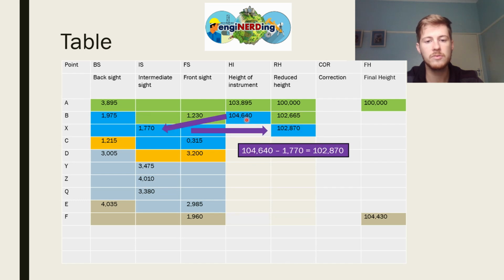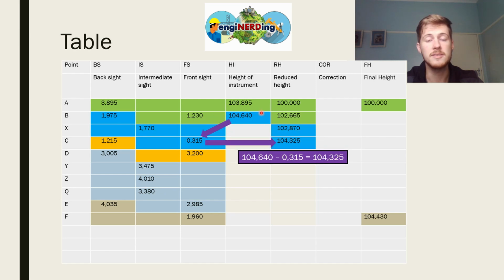We start with the first one: the 104 minus the intermediate site gives us our reduced height. For the next one, we use the same height of instrument because it's still the same setup, and we subtract our fore site to get our reduced height. Those are the 2 heights for the blue, second setup.